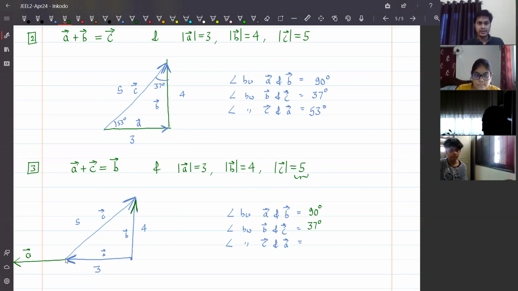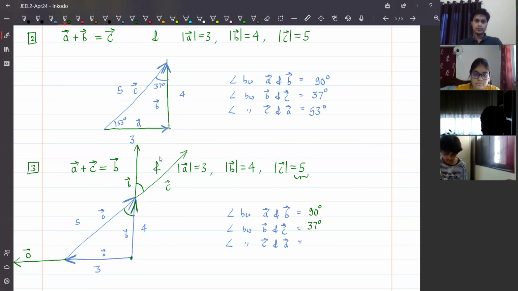The tails should be at the same point. For A and B, the tails are at the same point. For B and C, I would be extending it like this. For B, like this. For C, like this. Then their tails come at the same point. And that's how I know the angle between B and C is the same as this angle.